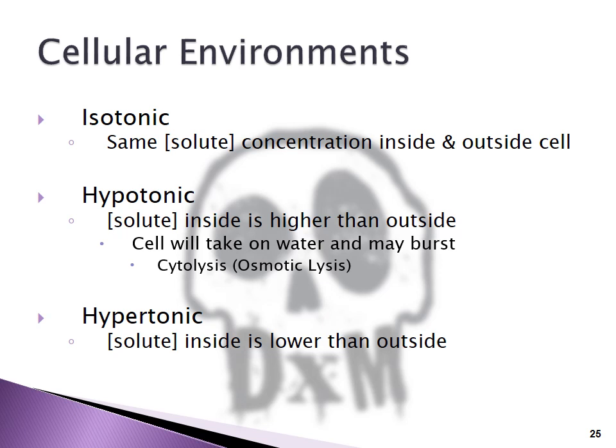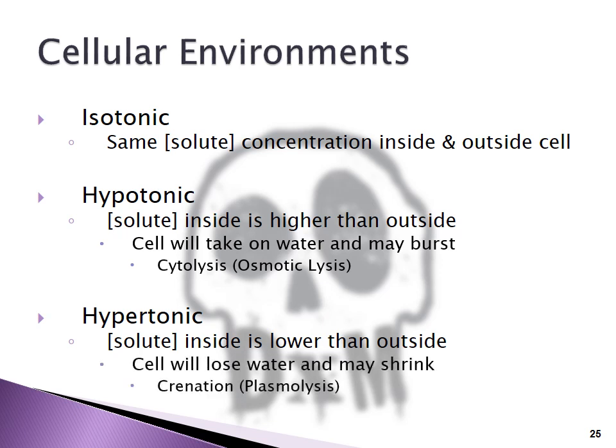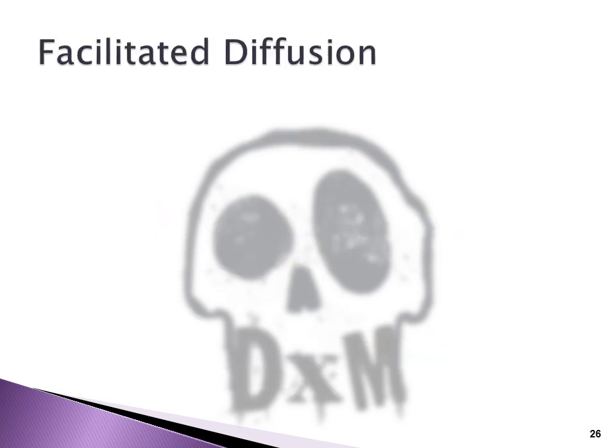And in the event of a hypertonic environment, the cell having far more stuff on the outside than the inside, the water will rush out and the cell will shrivel, a process known as crenation, or also known as plasmolysis. So it's important to always maintain your cells in this happy little environment called an isotonic environment.